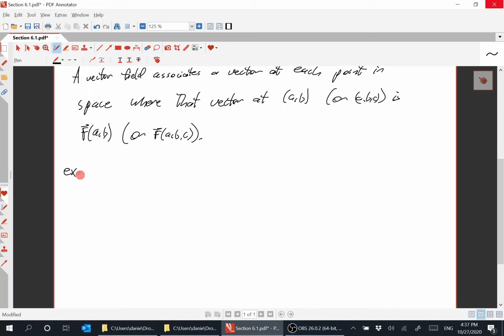So for example, consider just this very simple F of x, y equal to minus y comma x. Notice that the vector x, y, which is just the vector from the origin to the point x, y, dotted with minus y comma x is equal to, well, it's minus xy plus xy, which is 0.